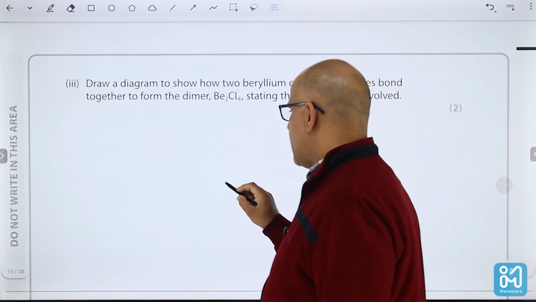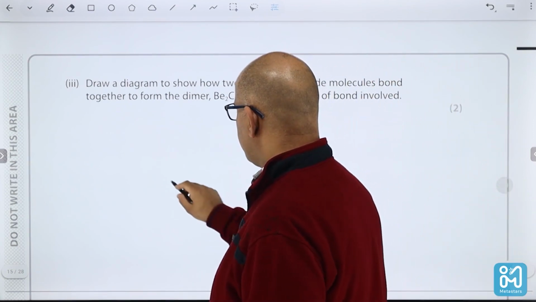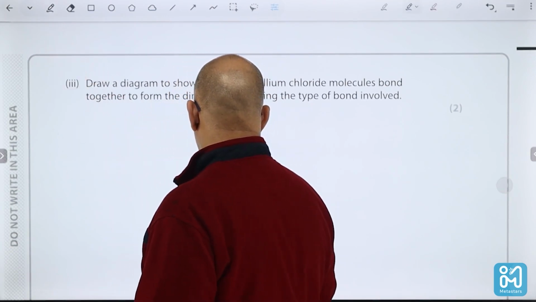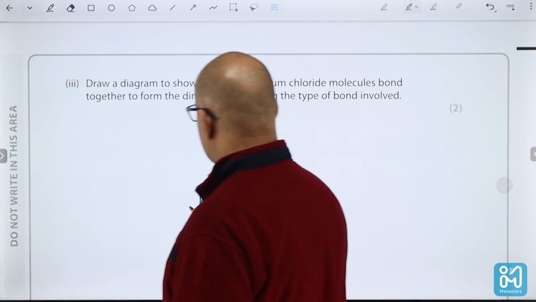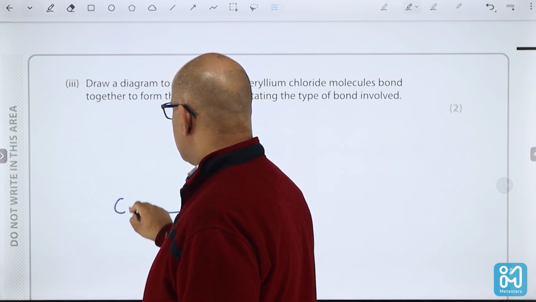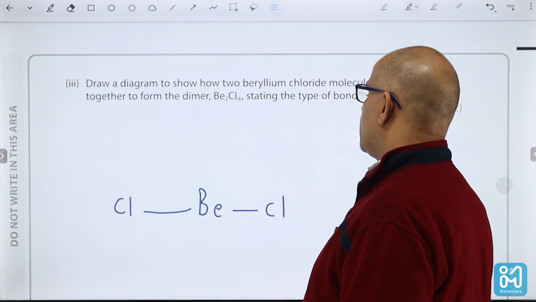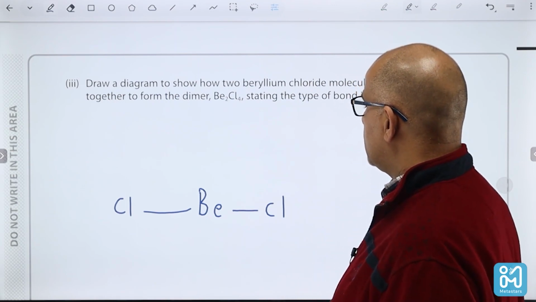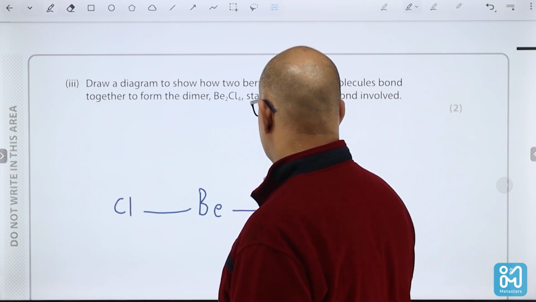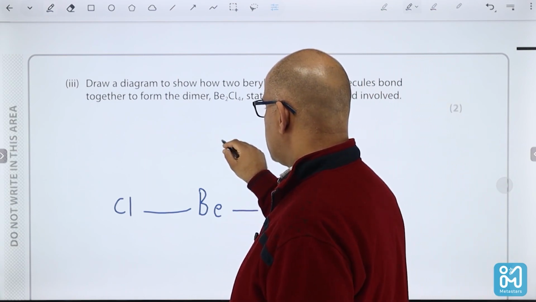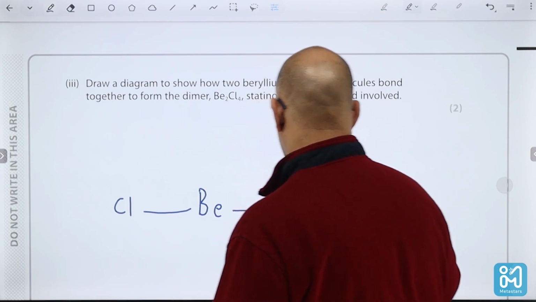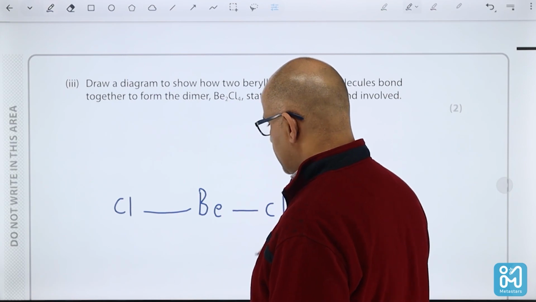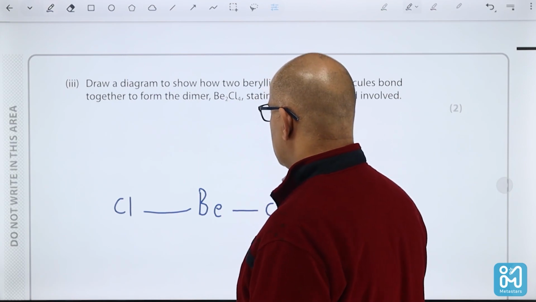Okay, you can see that here we have beryllium chloride and beryllium chloride. Each chloride here can form a bond with its linear one.